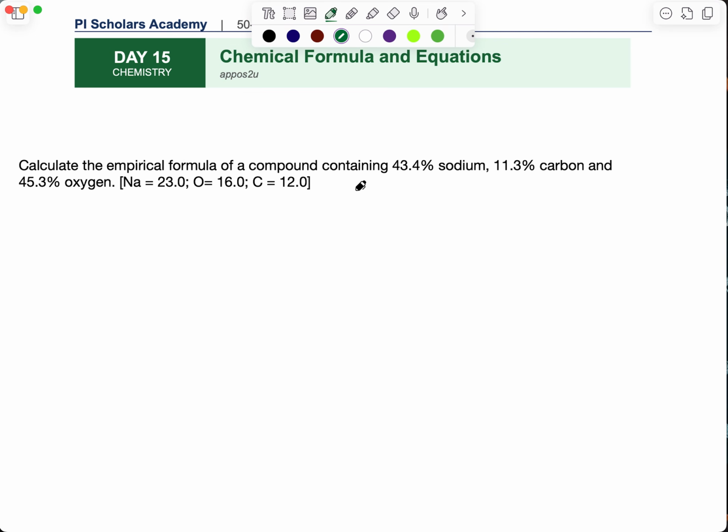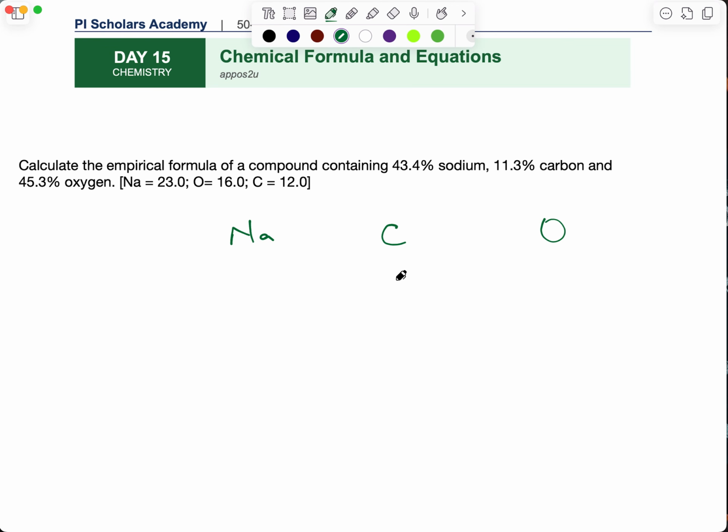And we've been given the mass number of each of these. So what we need to do is write everything out. We have sodium, carbon, and oxygen.